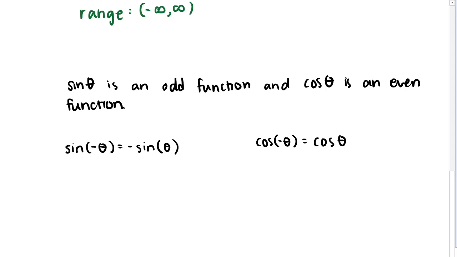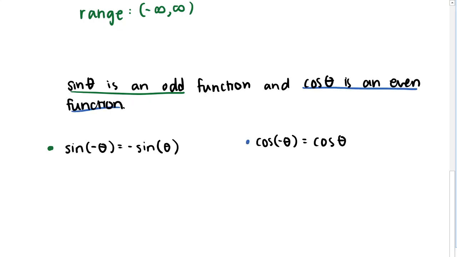Right, so cosine of theta really doesn't care about negating an input, whereas sine of theta does. So we called sine of theta odd, and we called cosine of theta even.